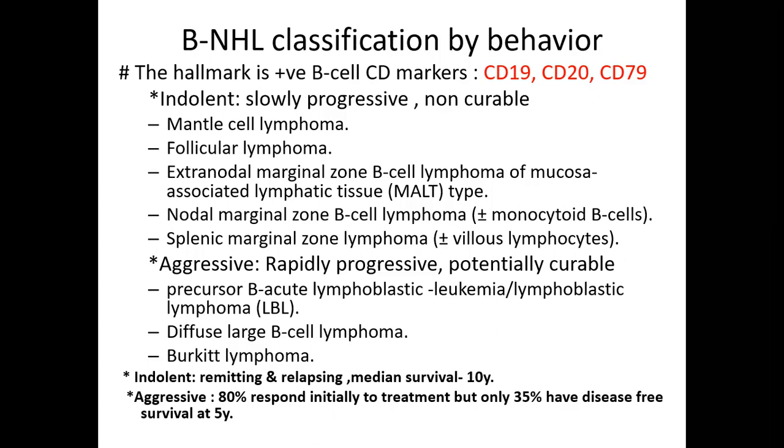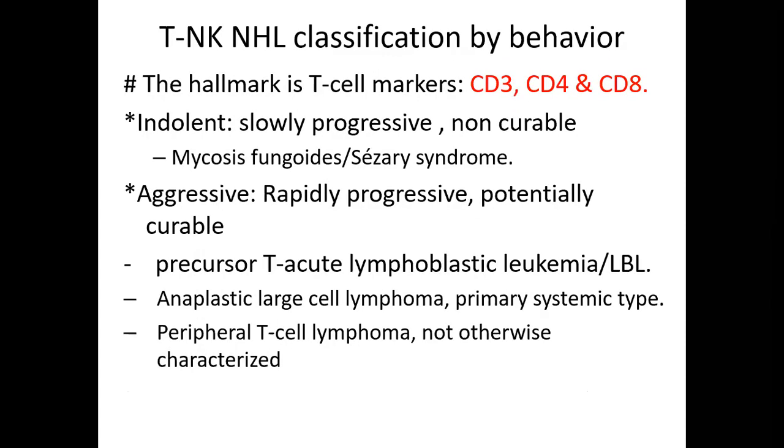The indolent subtypes have remissions and relapses, but the patient can live for a long time, around 10 years. While the aggressive non-Hodgkin lymphoma, 80% of them respond initially to treatment, but only 35% of them have a cure at 5 years. That's to say, 1/3 of patients with aggressive B-cell non-Hodgkin lymphoma can be cured by chemotherapy.